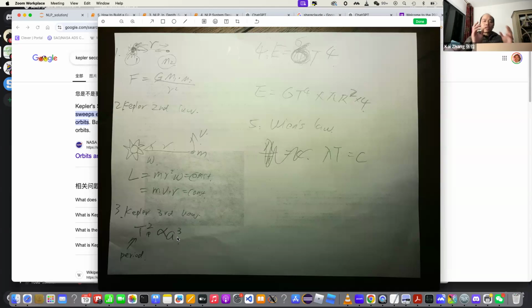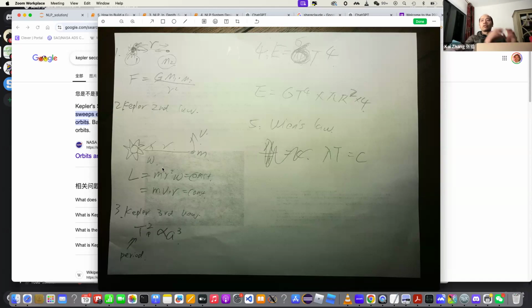Kepler's third law is about different objects, for example Mars and the Earth. When we compare two different objects rotating around the same object, for example the sun, then you use Kepler's third law.